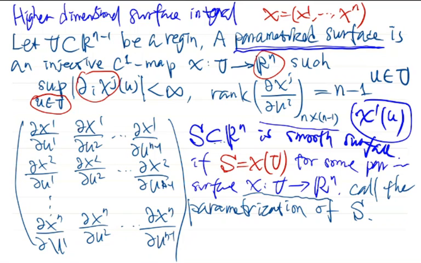Then this parametric surface is called the parametrization of the geometric surface. Okay, and in this case we write this notation to indicate that the map X is a parametrization of our smooth surface S.